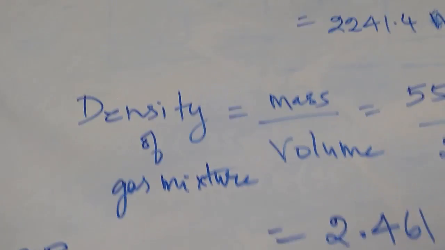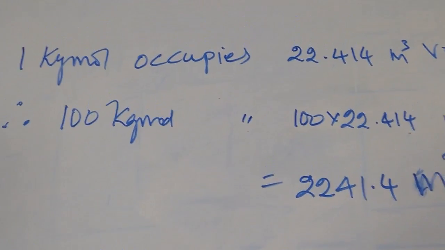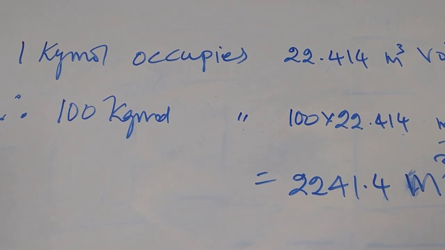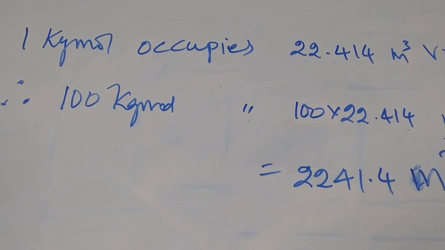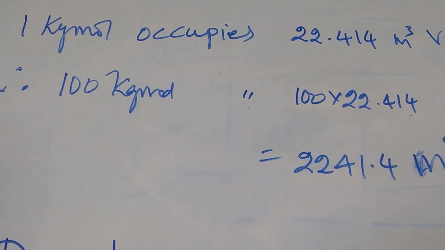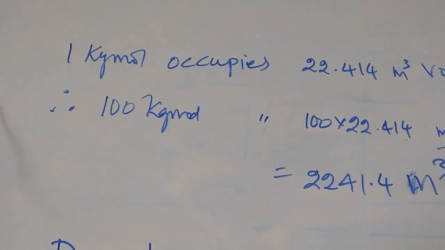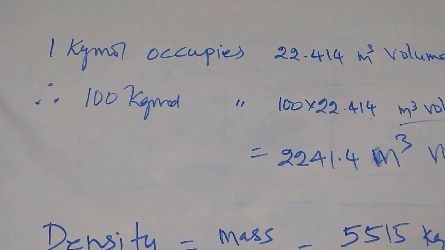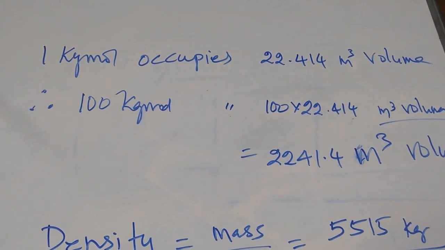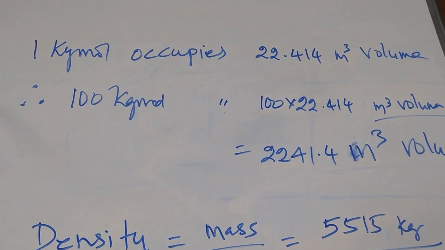So what we have done: in the first half we determined the average molecular weight. First we found out the mass fraction. Then we determined the average molecular weight, total mass by total kg moles. Then we used the ideal gas law application. Ideal gases at standard conditions: 1 kg mole of ideal gas will occupy 22.414 meter cube of volume.